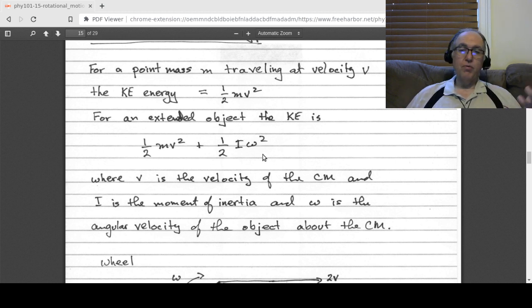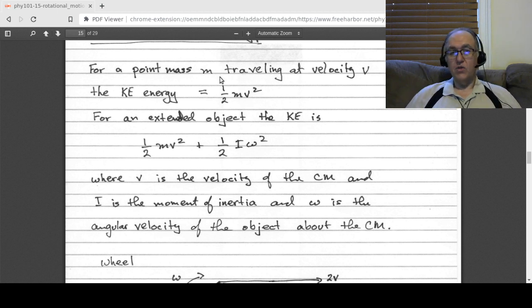Again, I won't prove this, but if you had some rigid object that was moving, you could calculate the 1/2 mv squared for all the little point masses, collect them all together, and find that you get 1/2 mv squared for the center of mass motion, and then the residual part would be the 1/2 I omega squared for all the rotational motions. In other words, these two are not in contradiction to one another, just like you saw me go from the definition of the moment of inertia in terms of point masses to the formula for the ring.